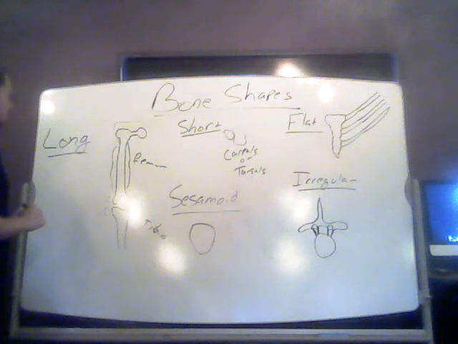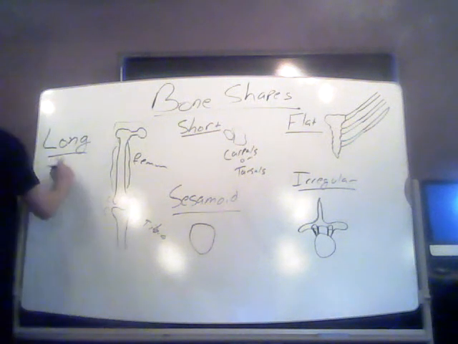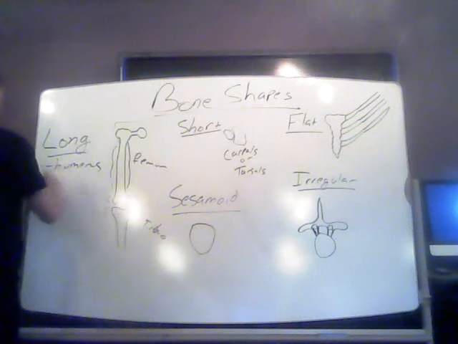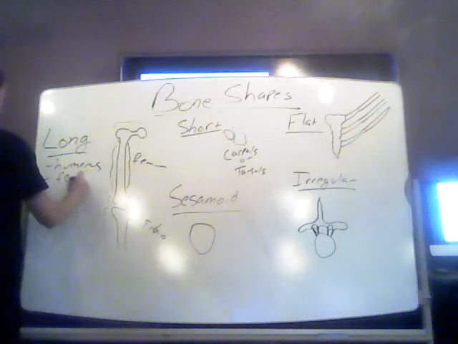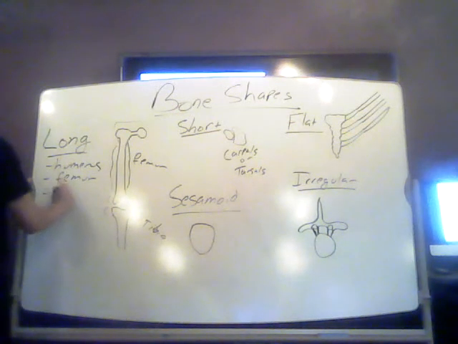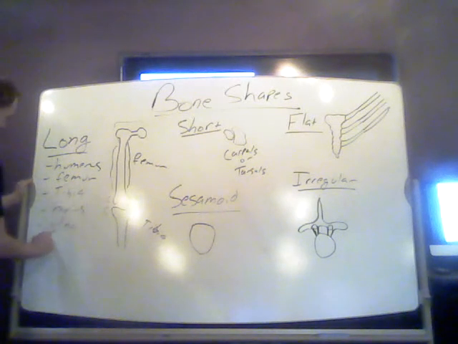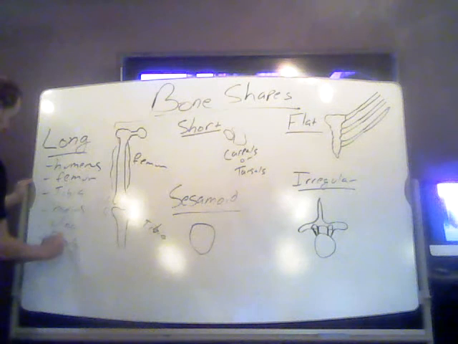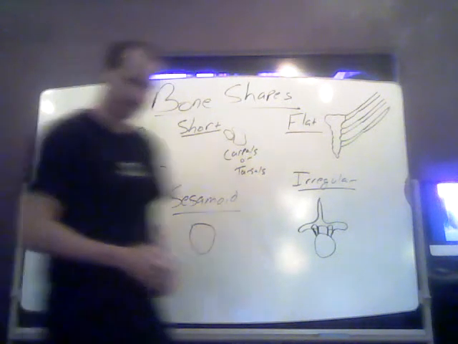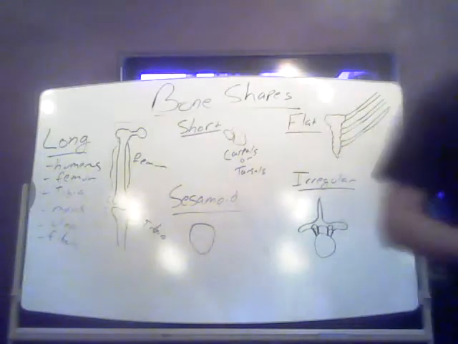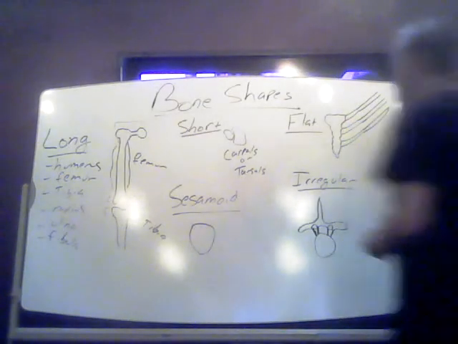Long bones basically make up our appendages, your extremities. So the humerus, femur, tibia, radius, ulna, fibula. Those are some very common examples of long bones within the body.